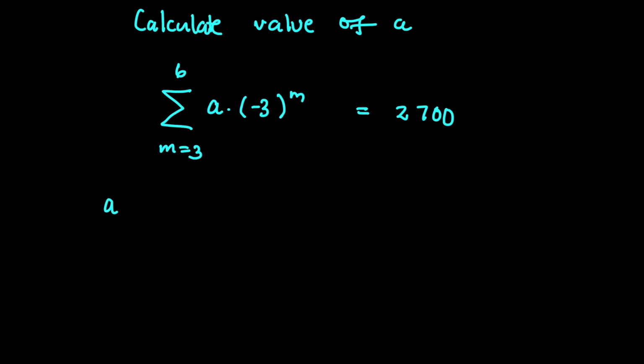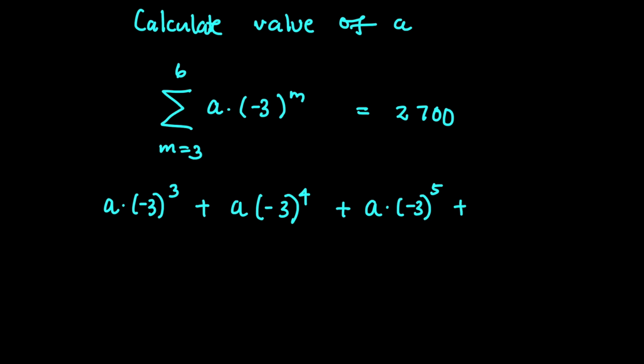So it's going to be, the first term is going to be A times minus 3 to the 3 plus A times minus 3 to the 4th plus A times minus 3 to the 5th plus A times minus 3 to the 6th, right?